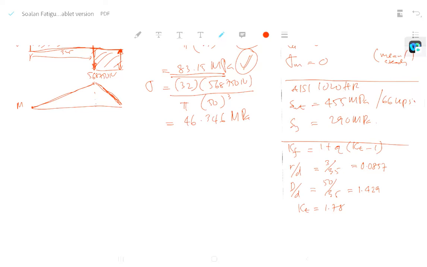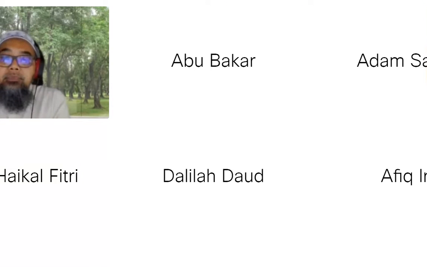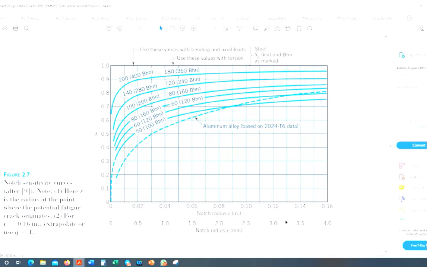This 3. Okay, notch value is 3 millimeter. 3 millimeter. This one.